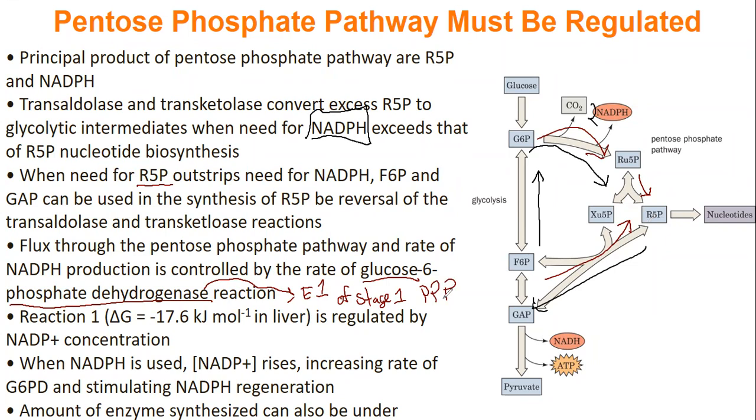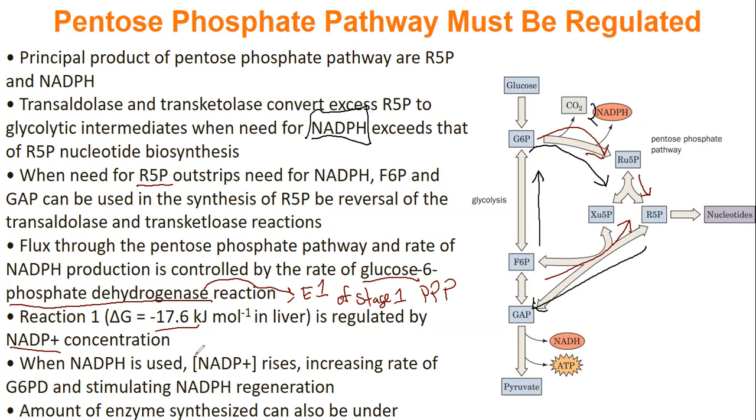This is what's converting our glucose 6-phosphate into our glucose 6-phosphate lactone. And we mentioned this, but it is regulated by our NADP and NADPH concentrations. You can see delta G is extremely negative. But if NADPH is around, reaction 1 is inhibited.